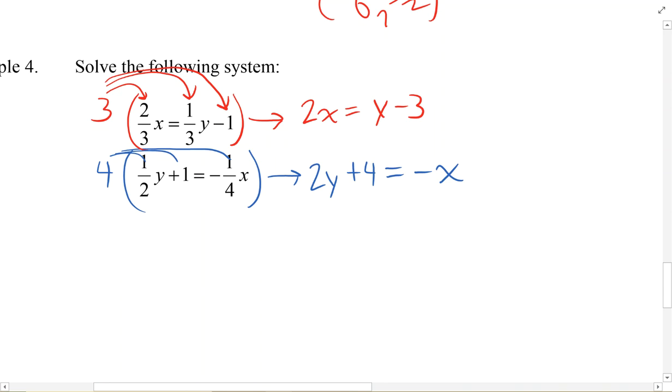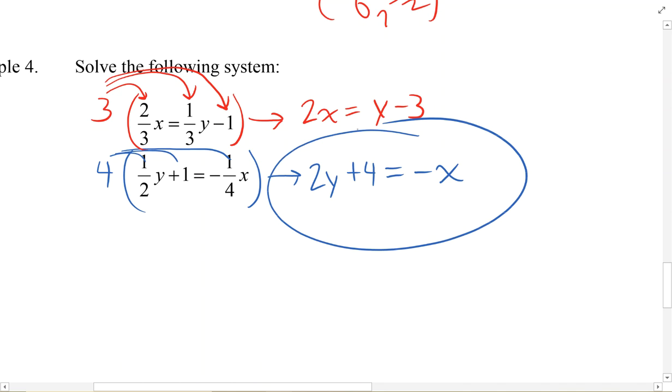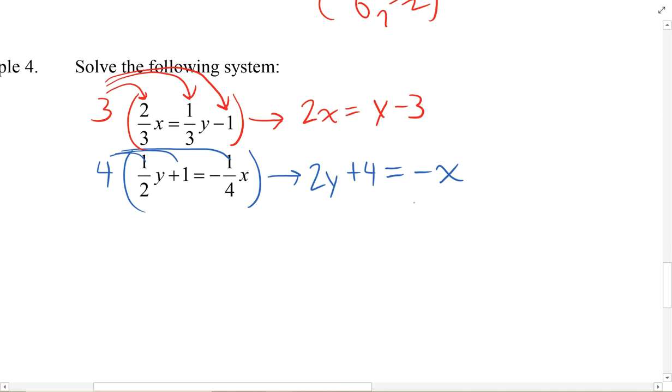Maybe we should solve. Let's solve. Go for it. What can we turn this one into? What's x going to equal? Well, what are we going to divide by? Negative 1. So using the bottom equation, divide by negative 1, and you'll get negative 2y minus 4.